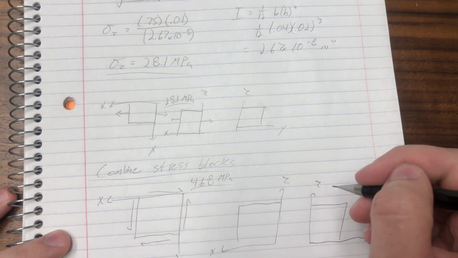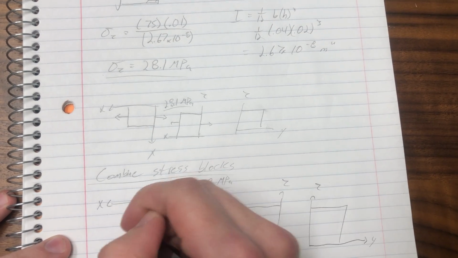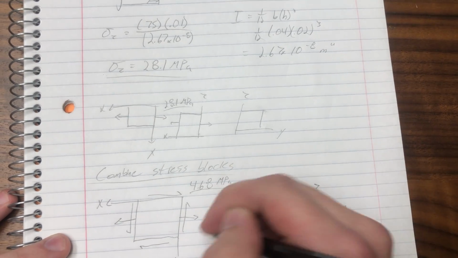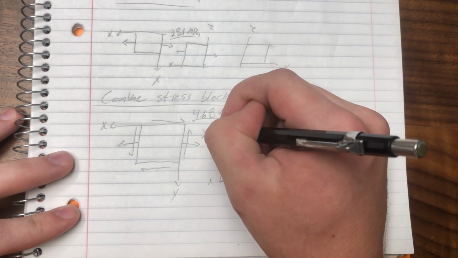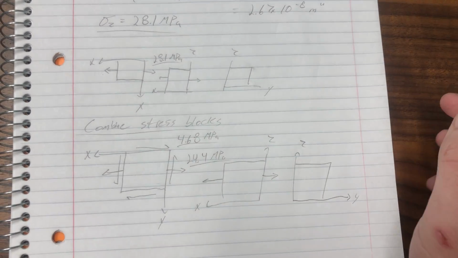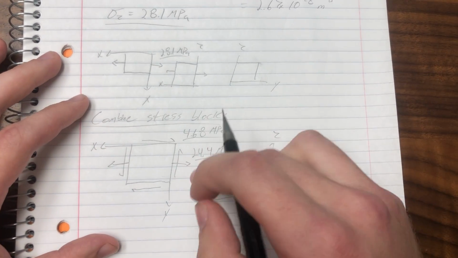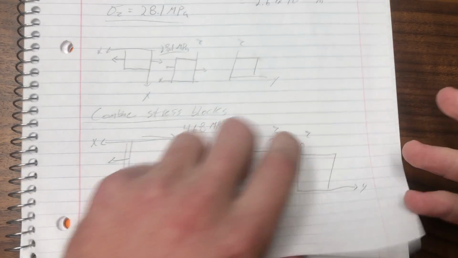And so what you get here is a tension in the X direction of 24.4 megapascals. So those are our final analysis of the stress blocks, and now we have to find the principal stresses and maximum shearing stress.